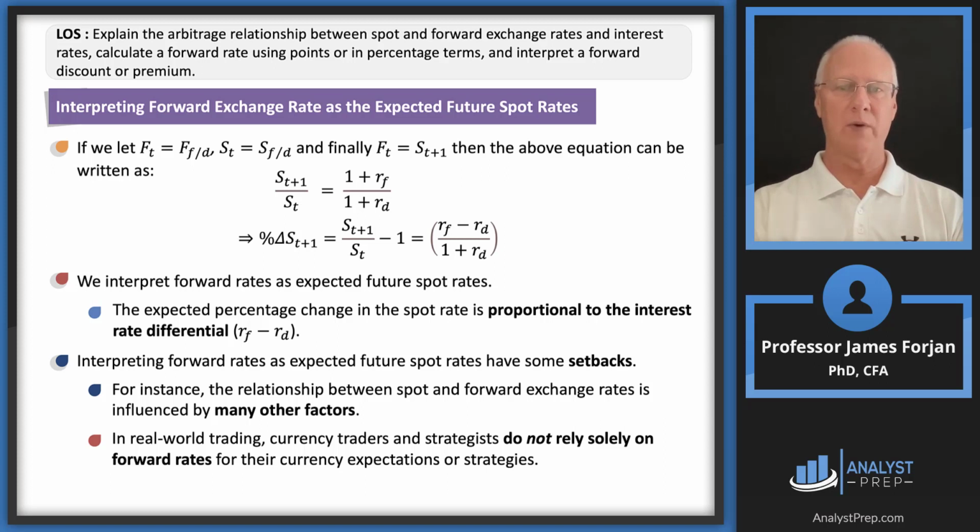We can rearrange this so the percentage change in the spot rate, do you see percentage change, S, that's the spot rate, T plus 1. What does that equal? Skip over the middle there and look on the far right side of the equal sign. That equals the interest rate differential discounted by the domestic interest rate.